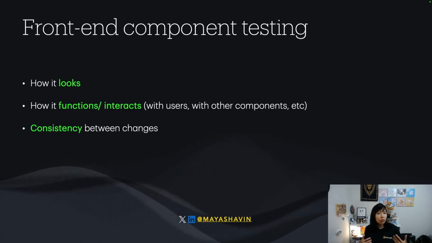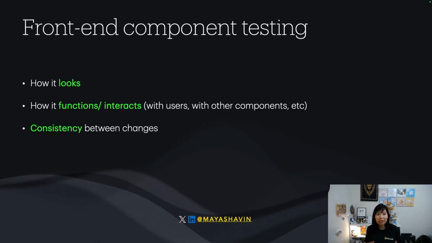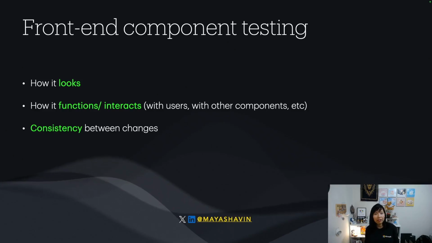And of course, once you validate things like this, you also need to validate the consistency, or what we can call regression testing, between changes, features added or removed, and bug fixes, on different devices, on different browsers, and so on.